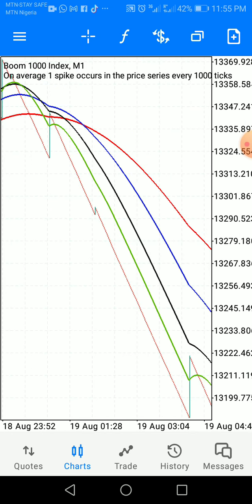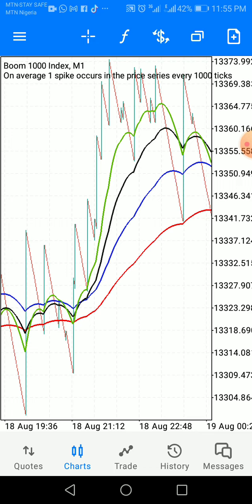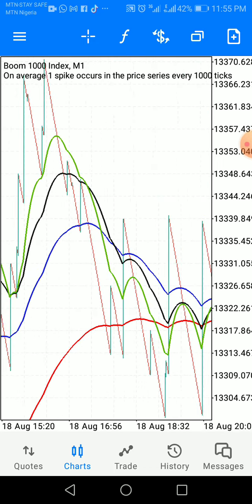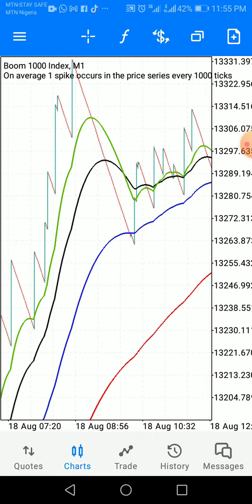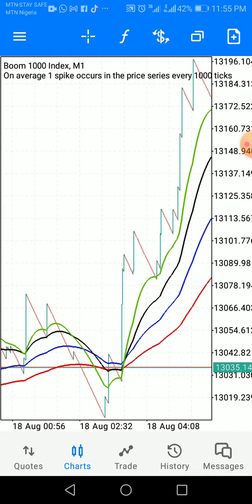But this strategy can be traded in many ways, and can be used to trade all currency pairs, all forex currency pairs, all indices. In fact, it works with anything, as long as you have a price chart like this. It's a very powerful and very profitable strategy.